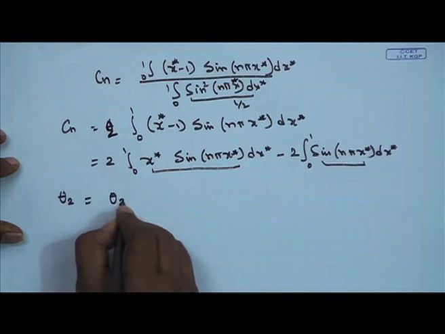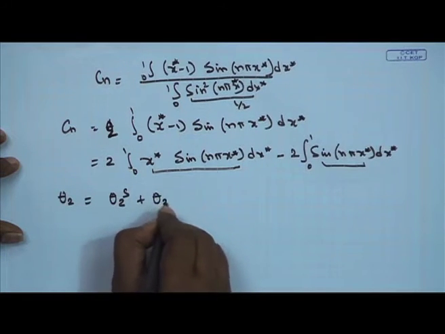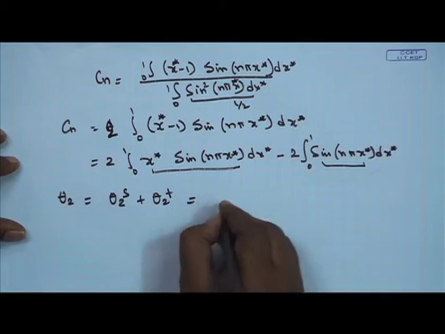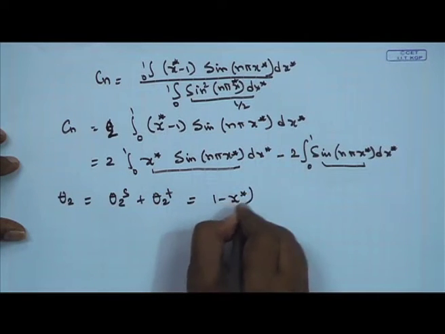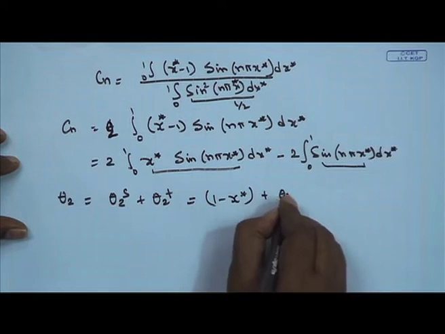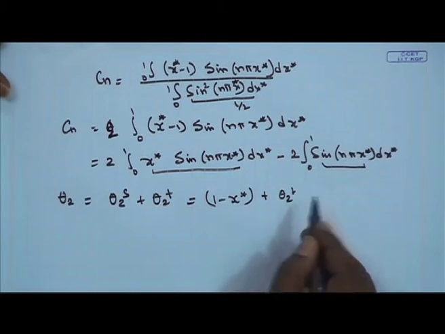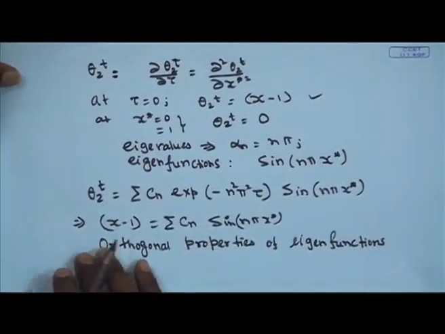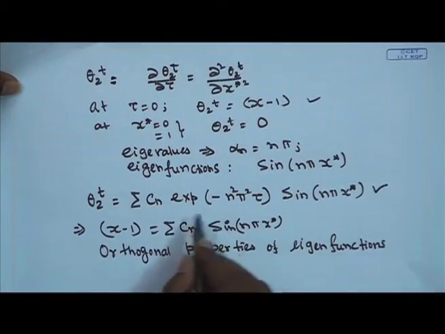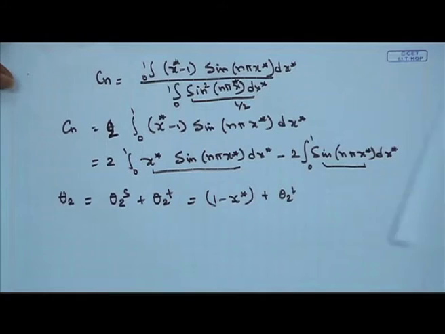Theta 2 will be theta 2s plus theta 2t. So theta 2s is nothing but 1 minus x star, plus theta 2t. Theta 2t is whatever we have obtained here, and Cn is obtained from this expression.